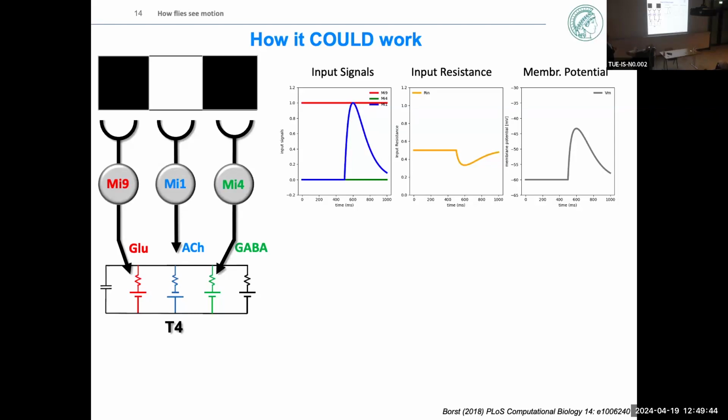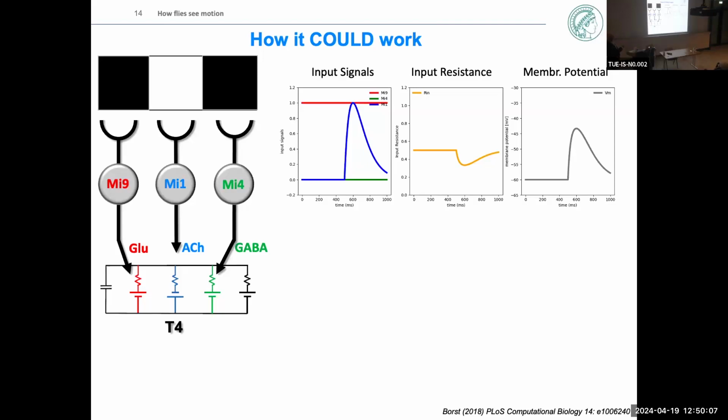Due to the activity of Mi9 in the dark, this one keeps these chloride channels open all the time, and that will reduce the input resistance. So you have a low input resistance, which will go down further when Mi1 becomes active. And the membrane potential shows this depolarization. That's a computer simulation, just in principle.